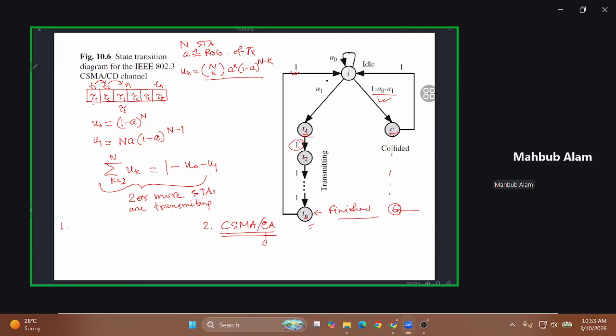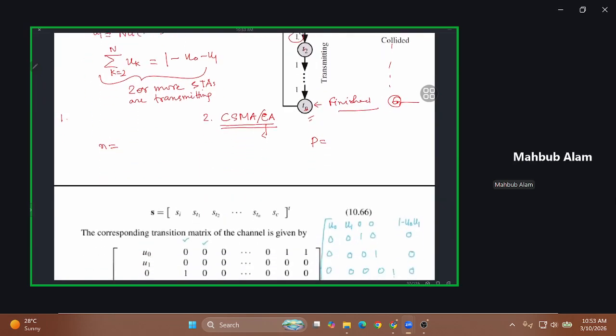Now, our next task is to write down the probability transition matrix. The number of states will depend on the value of n. For simplicity, we'll assume the value of n equal to 3 or 2, so that the number of states will be less.